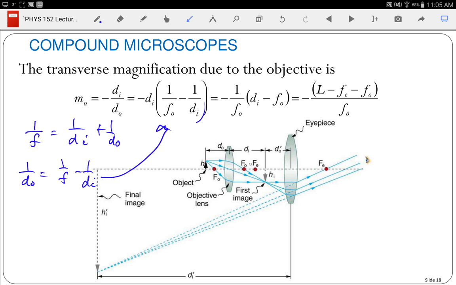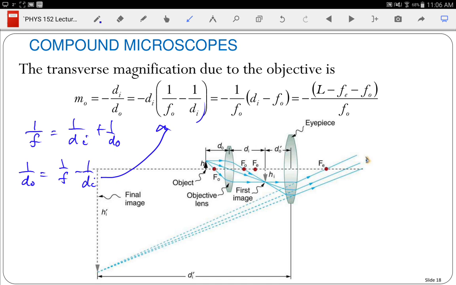But then the distance image, if you look at the picture, is going from there to there. The separation between the lenses, which we would generally consider the length of the microscope, is equal to the distance image plus the object distance for the eyepiece. But if we're using unaccommodated viewing, then we're putting the object at the focal point so the image is infinitely far away. And so distance object prime is focal length of the eyepiece if it's unaccommodated.